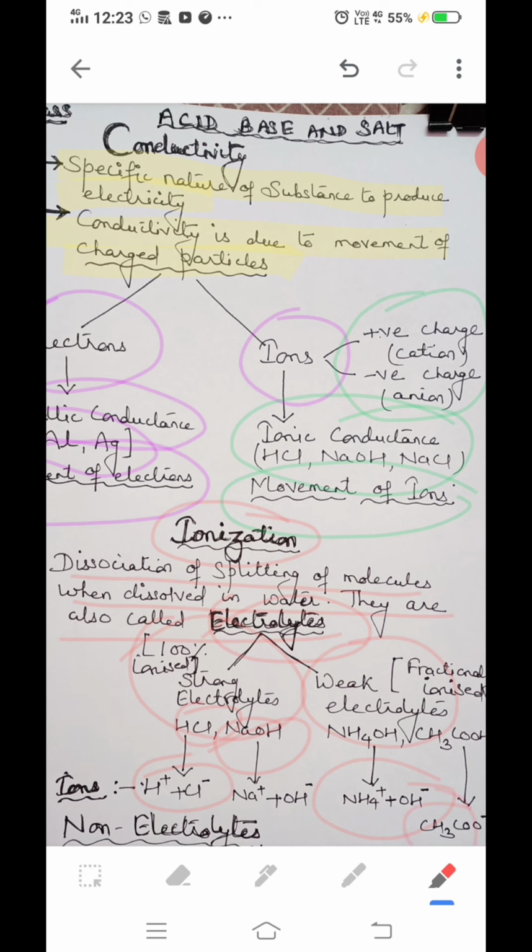So whether strong electrolyte or weak electrolyte, they are producing charged particles called cations and anions, and when these charged particles come into movement, they offer conductivity, and such type of conductivity is called ionic conductance.